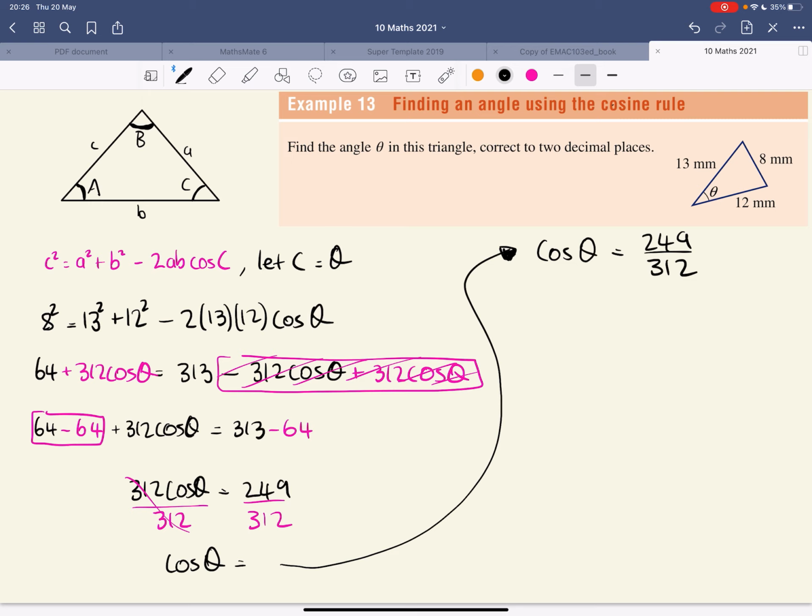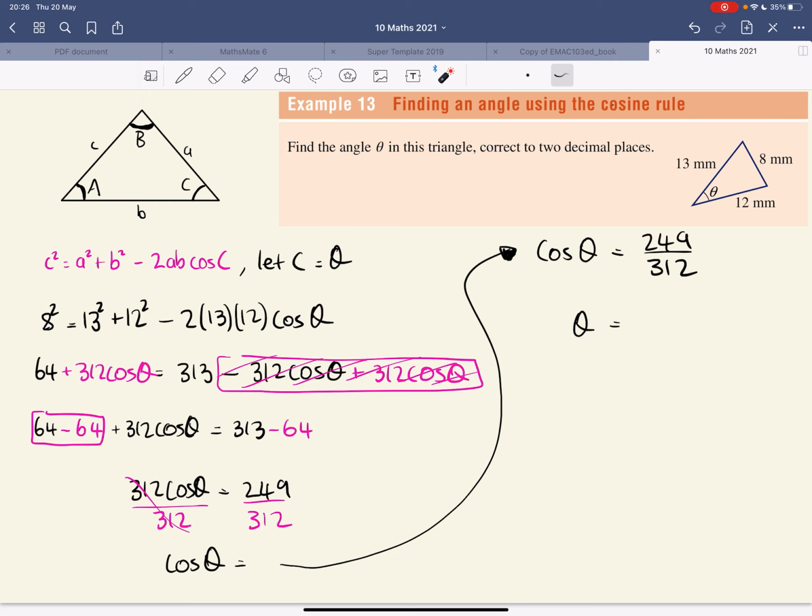But what we're going to do is try and find theta, all right? It's not as if we're dividing by cosine on both sides, because that's not what this is. It's not cosine times theta. This is the cosine of theta, all right? And the reverse operation is the inverse operation of cosine theta.